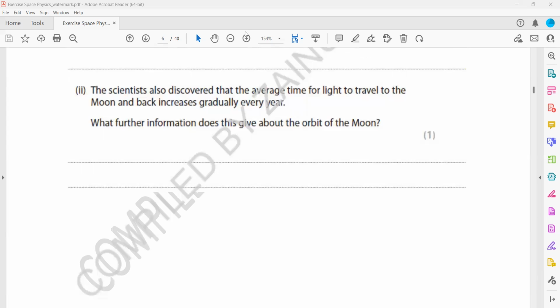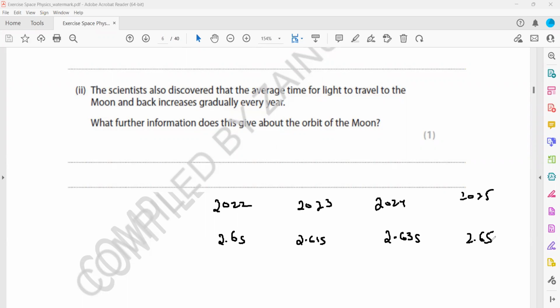Say we are in 2022, and it was taking 2.6 seconds on average. Then in 2023, it will take about 2.61 seconds. Then in 2024, about 2.63 seconds.